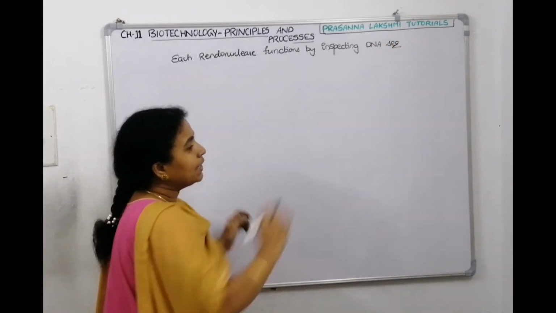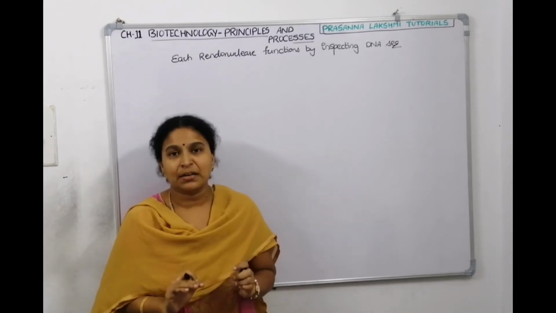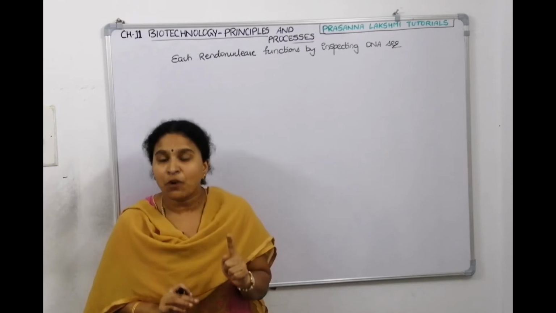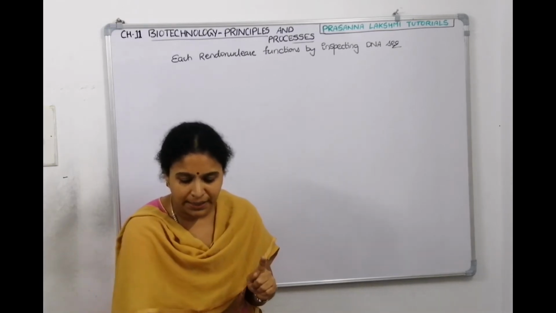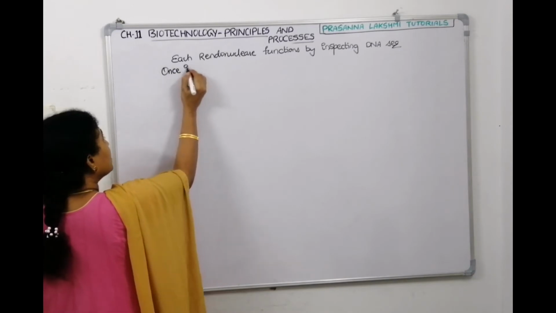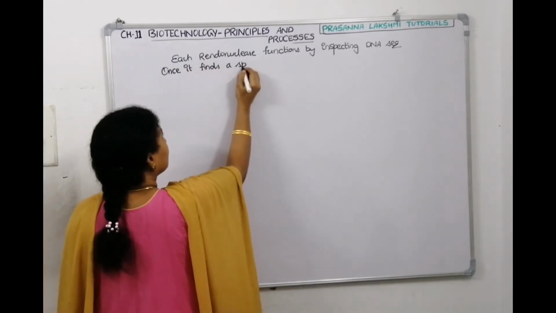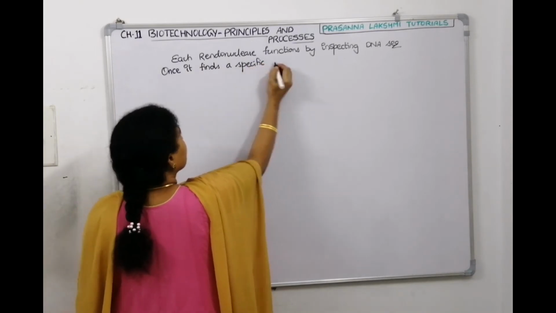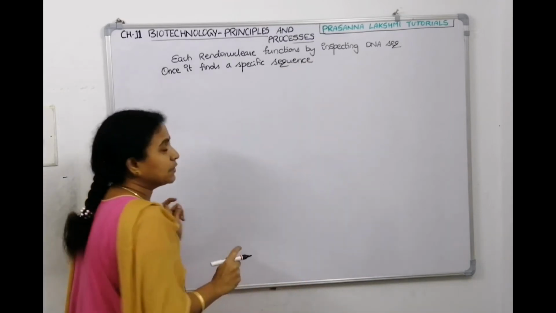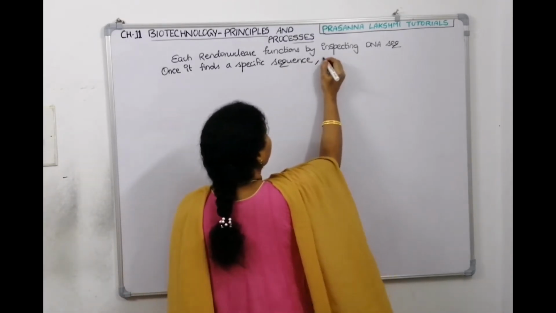It's moving on the DNA and identifying the sequence. Once it finds a particular sequence, it binds there and starts cleaving the phosphodiester bond. When the restriction endonuclease identifies a specific sequence, it goes and binds to that sequence.